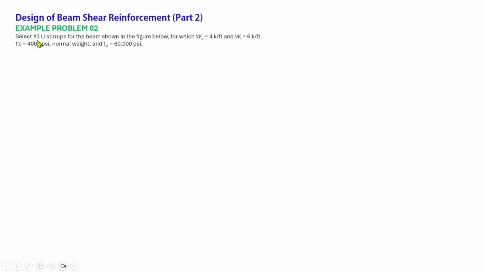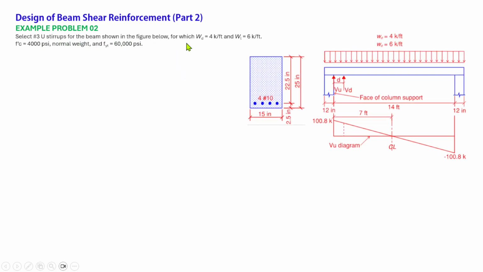Select the number 3 U stirrups for the beam shown in the figure below, for which the dead load is equal to 4 kips per foot and live load of 6 kips per foot. We are given 4,000 psi normal weight concrete and the yield strength of steel, which is 60,000 psi. We have the beam here, 14 feet long, the span of the beam.